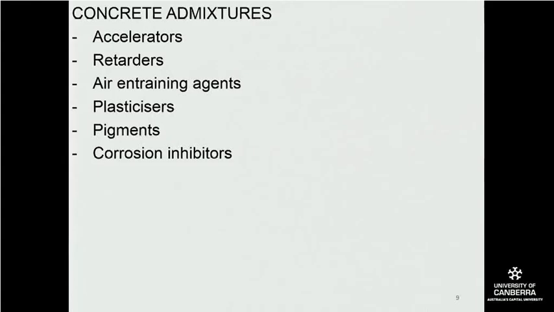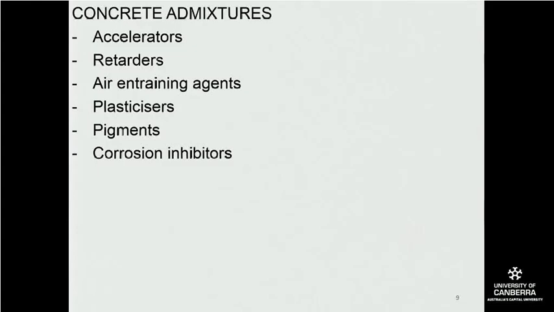There's air entraining agents, which put little bubbles evenly through the concrete, which is supposed to make the concrete better in situations where there is a freeze-thaw cycle. So in places where it gets down below zero at night and it goes above zero during the day. A bit like Canberra. Although I think it's probably not quite so serious in the context of Canberra.